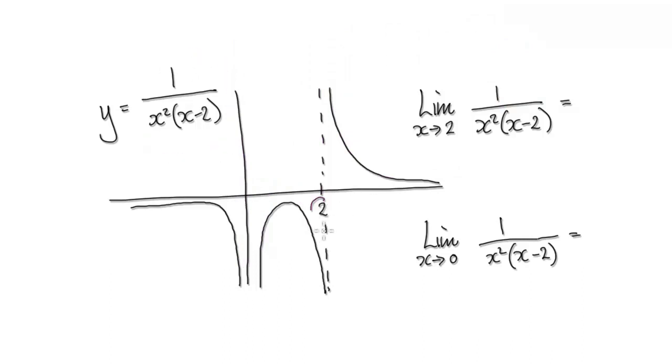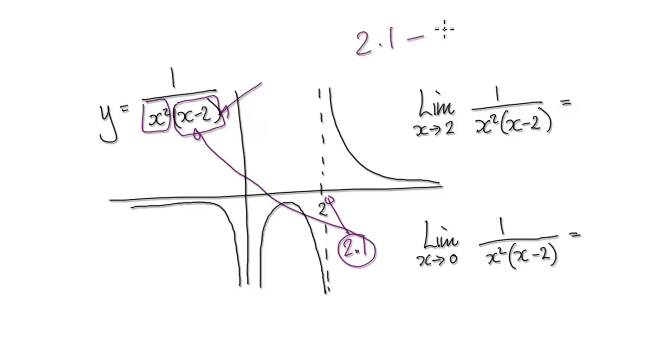So let's look at this now. Let's consider this bit here. So you've got two blocks here, 1, 2, just to the right of 2. So imagine 2.1. In reality, you should consider a really small number, but for simplicity, let's just imagine 2.1. When you put 2.1 into here, just to the right hand side, this block is going to be positive, because 2.1 take away 2 is going to give you a positive number.